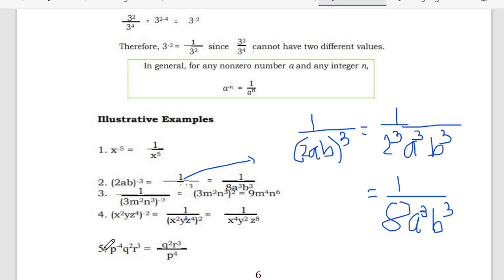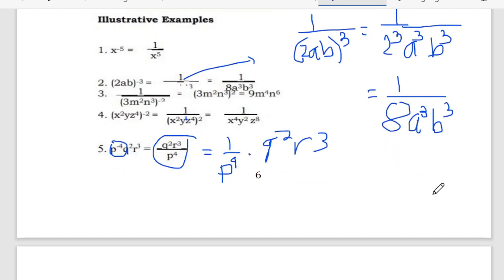Then from here, since the exponent of p is negative, this is equal to 1 over p raised to 4 times q raised to 2 and r raised to 3. So multiplying, that is the answer. Okay, that's it.